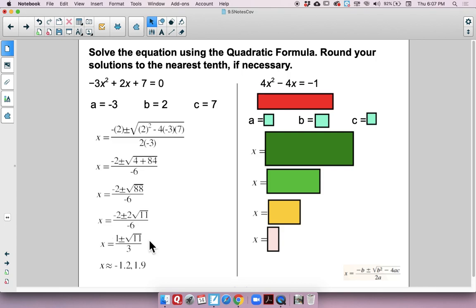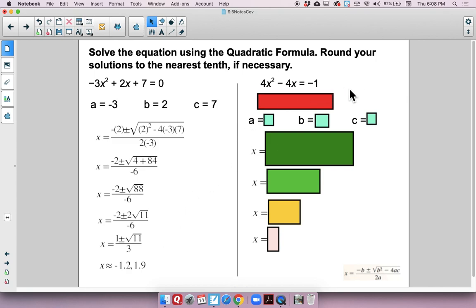Just a little under 5, right? So we would have 1 plus 5, which is about 6, divided by 3. That would be about 1.9. And 1 minus 5 would be negative 4. So maybe these actually probably are the correct answer. These should just be 22s instead. Sorry about that. Hopefully you caught that mistake.